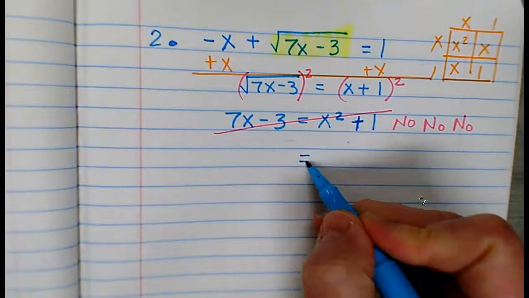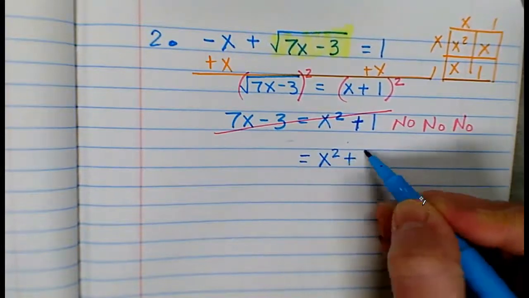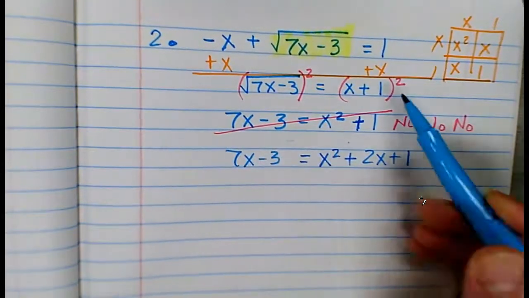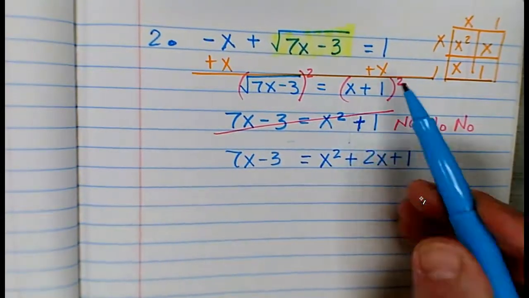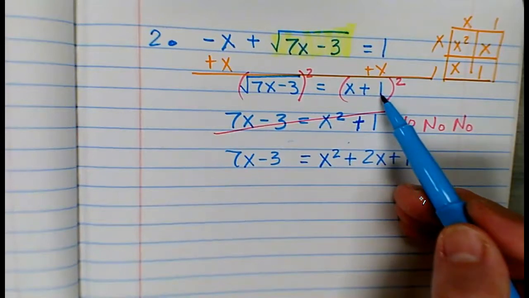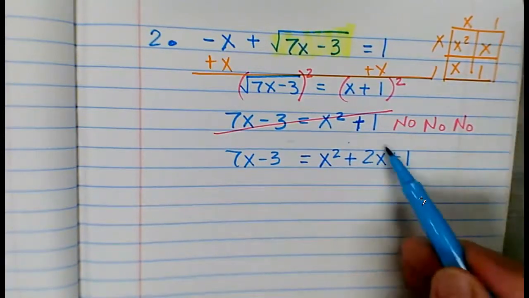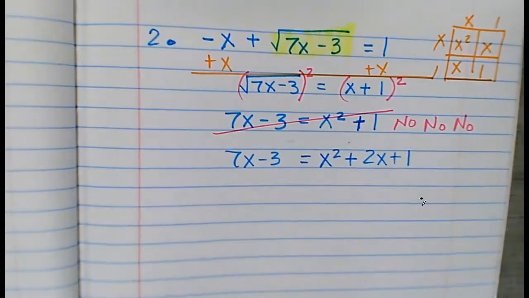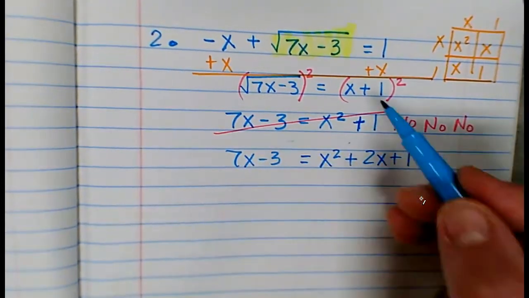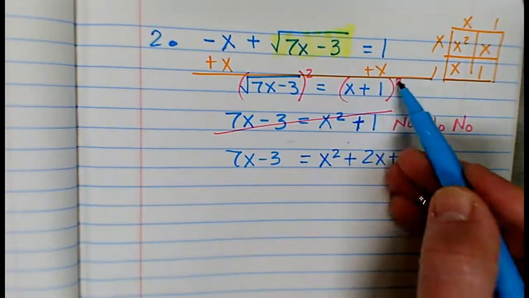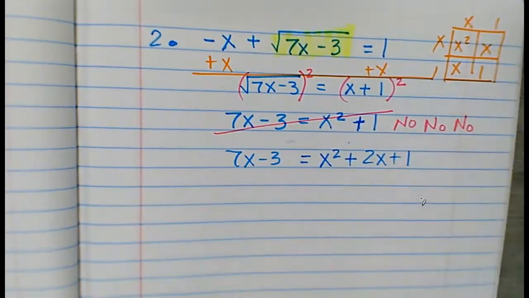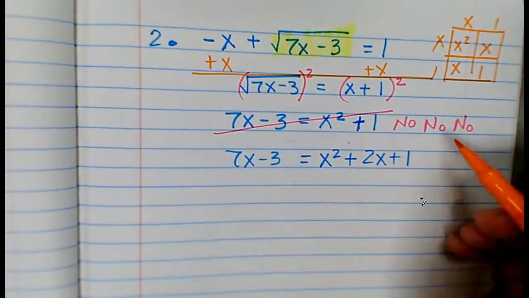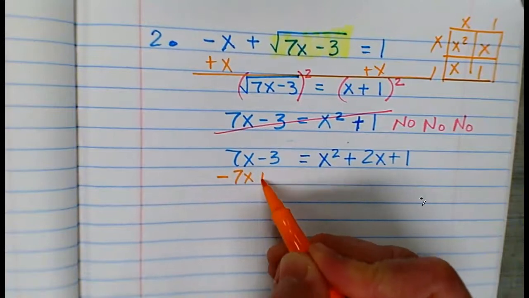This side over here is x squared plus 2x plus 1. When you square a binomial, you do not just square the first term and square the second term. There is this middle term, and you can see from the box problem where the middle term comes from. Do not forget that when you have a binomial squared, you need to square it out with a box problem. Or if you've done enough box problems that you can figure it out in your head, that's okay also.